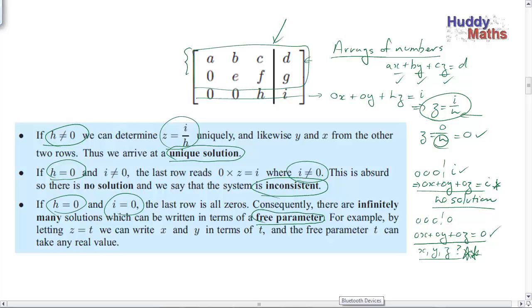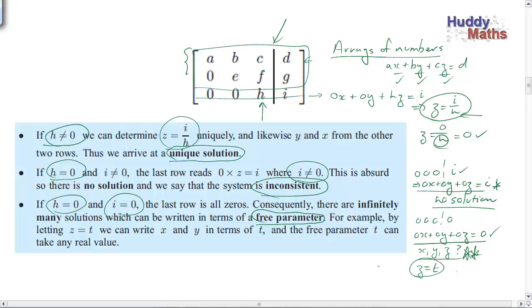You could let x be t actually, but we do it like this because we're starting down at the bottom and saying if we've done our row reduced echelon matrix, we come with hz equals I and z equals I over h. So then we're going to back substitute. So let's say z could be anything. That's our free parameter, if you like.